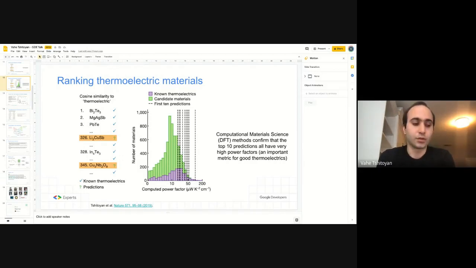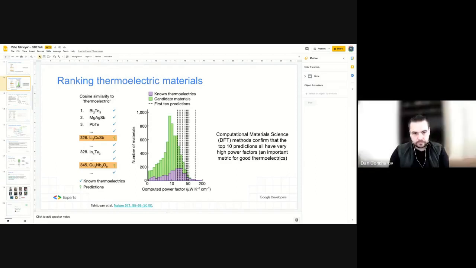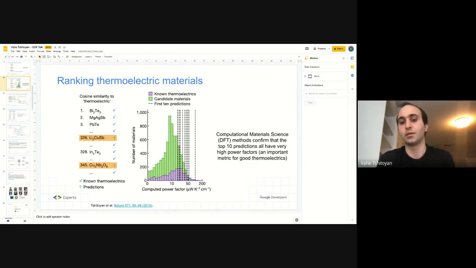Also, usually you cannot compute the final thing you're interested in. Here I show power factor, but the most important thing for thermoelectricity is the figure of merit, of which the power factor is only part. The reason we don't show the other part is there's just no good way to estimate it computationally that's very reliable. So you get part of the information using DFT methods, and then you use this to guide it.